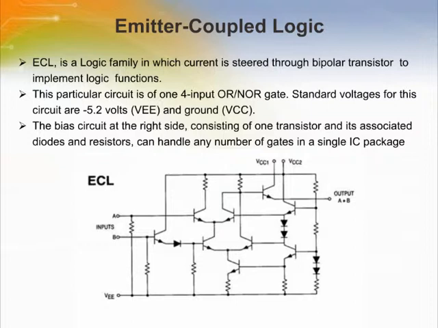Consequently, ECL consumes a relatively substantial amount of power in both states, but also results in the fastest switching speeds of all logic families. If all inputs are at 1.6 volts, the input transistors will be all off, and only the internal differential transistor will conduct current.